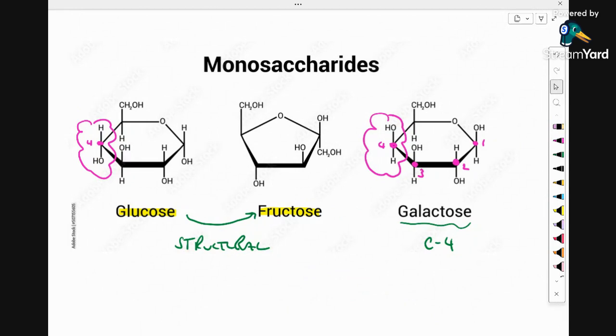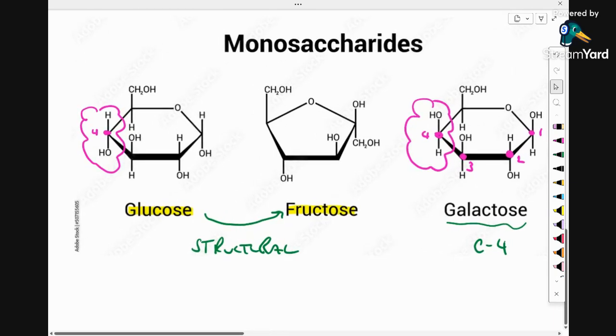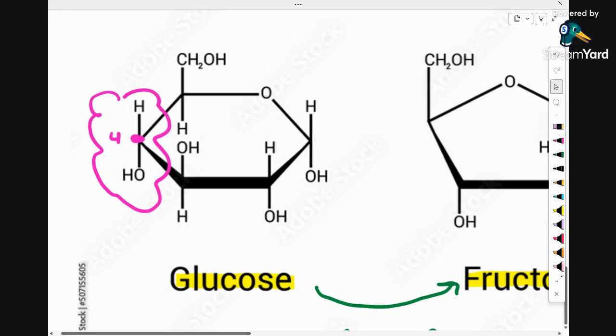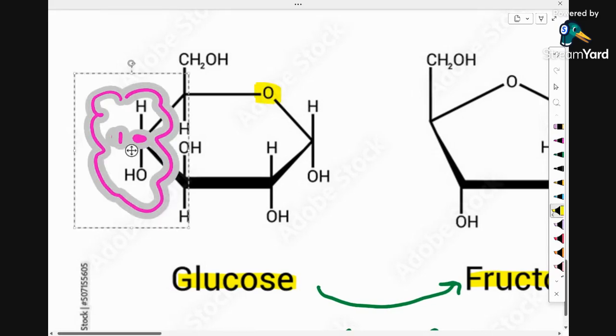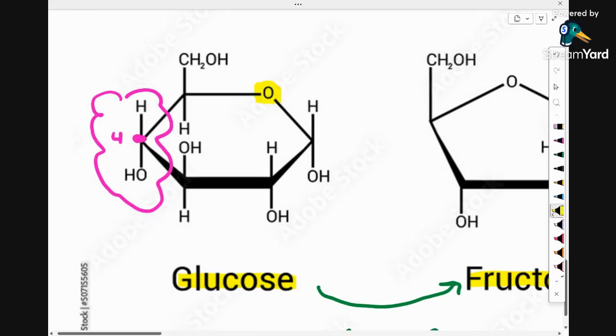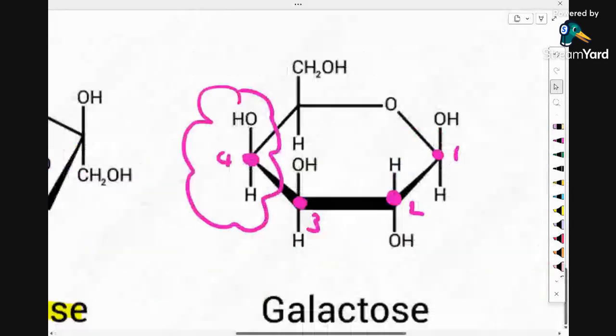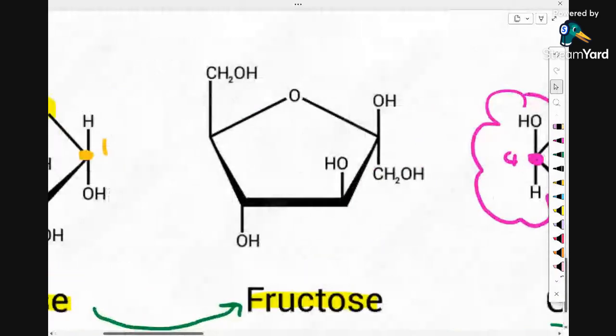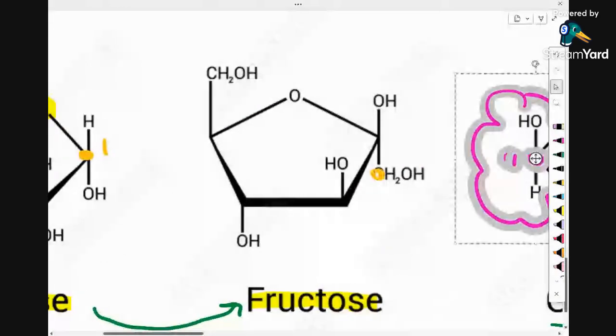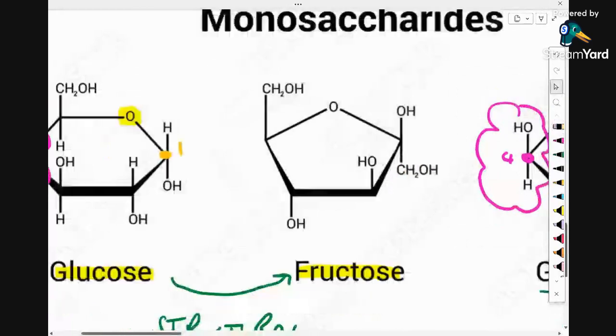And in terms of naming the carbons, we always go from right to left as you look at the oxygen. The trick is to find the oxygen here as part of the hexagonal structure, and you start on the right-hand side of that. So you'll start with this carbon here. That is carbon 1, and you'll see why that's true in a minute. You would do the same here. And of course, for fructose, we actually start over here. Anyway, you get the point.